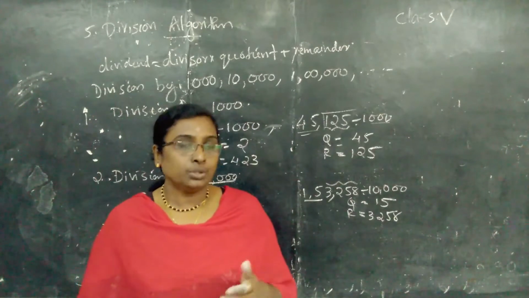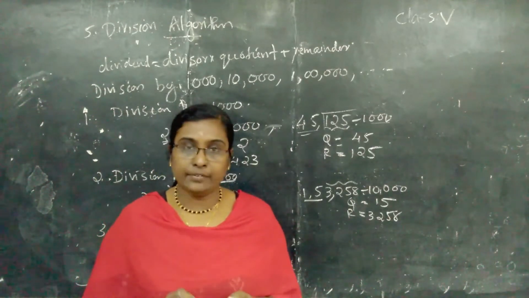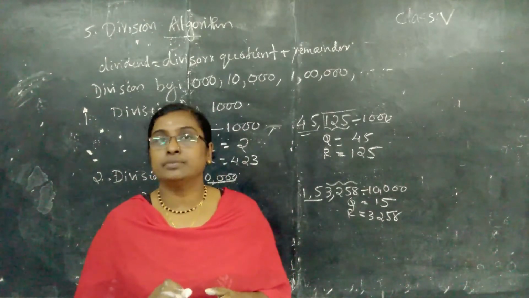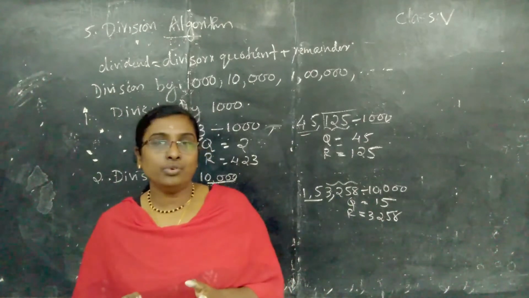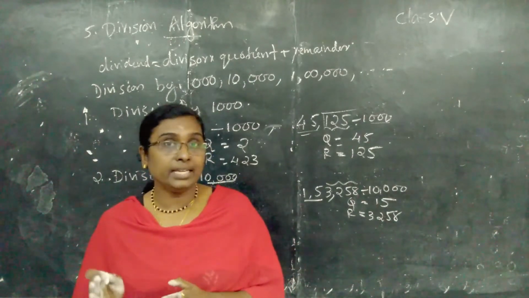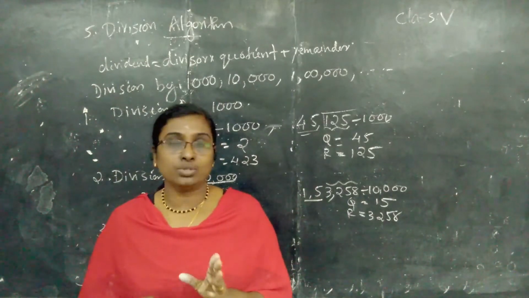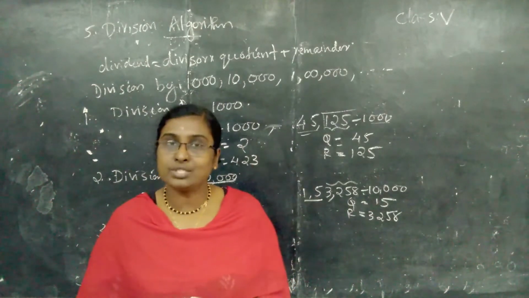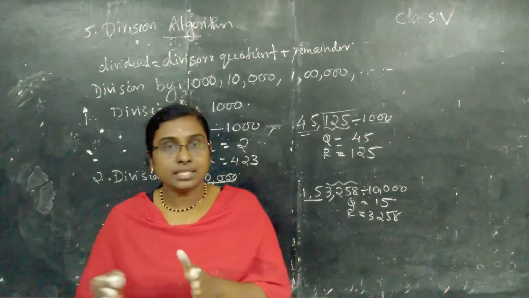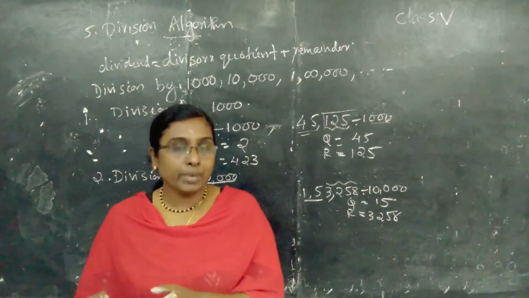Okay. So in order to divide a number by 1000, we remove the last 3 digits. Why? 1000 consists of 3 zeros. So we remove the last 3 digits to get the quotient. These 3 digits become the remainder.